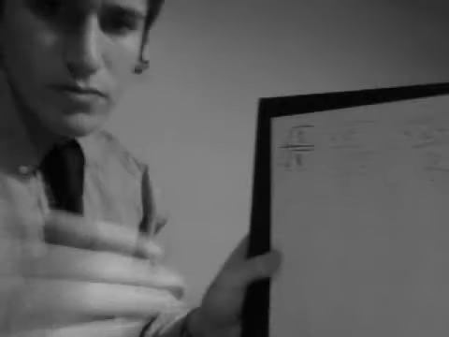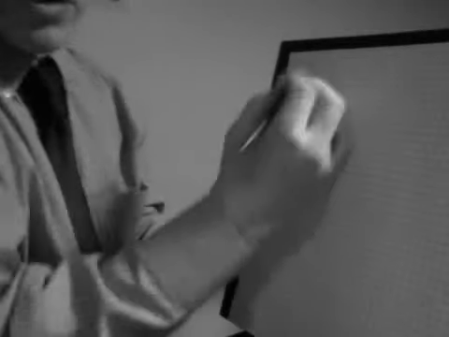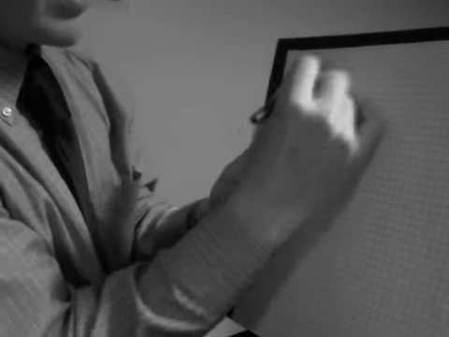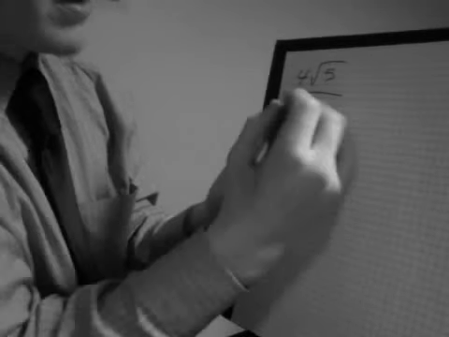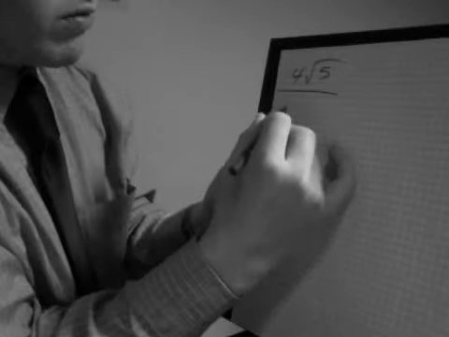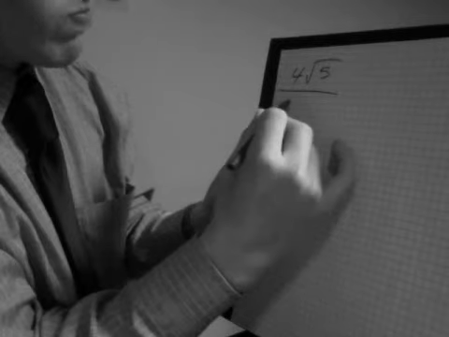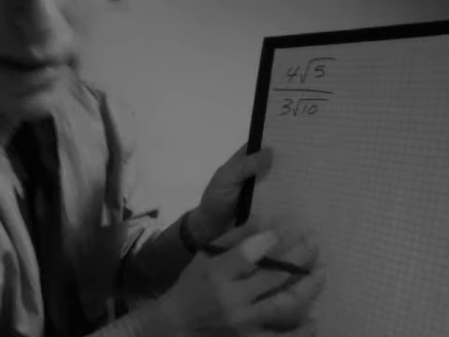One example that I'm going to have you try. Write it. Start your sheet. Let's do 4 times the square root of 5 divided by 3 times the square root of 10.